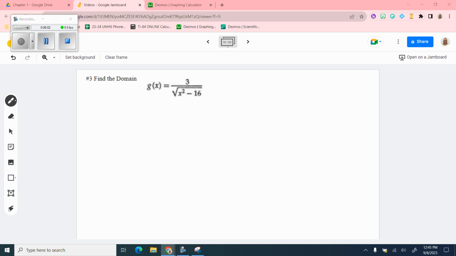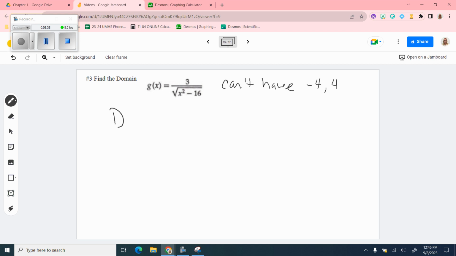So if you plugged in something like a -2 here, you would get a negative number underneath that square root, and you can't have that. In addition, you also can't have a 0 here either because we're on the bottom of a fraction. So you cannot have -4 to +4 with that. And you can't include them either.